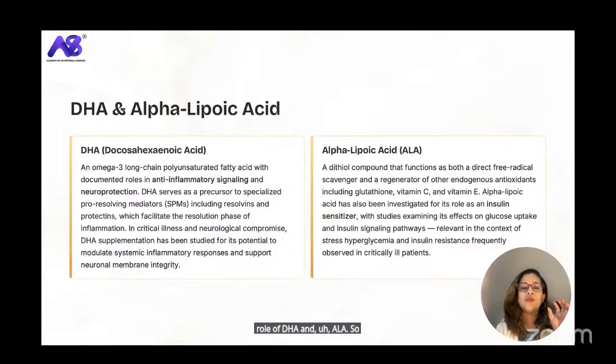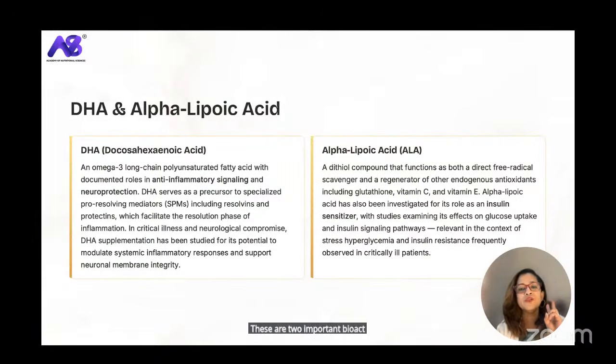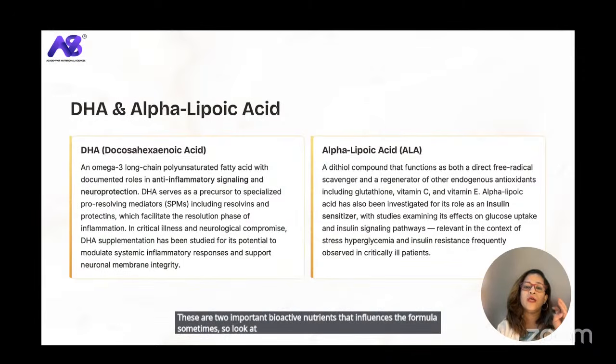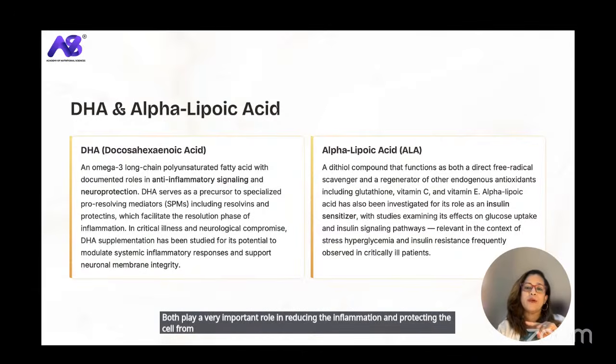Whether it is anti-inflammatory action or neuroprotection that you're looking at, these are two important bioactive nutrients that influence the formula sometimes. So look at the amount of docosahexaenoic acid or the alpha lipoic acid. Both play a very important role in reducing inflammation and protecting the cell from oxidative damage.